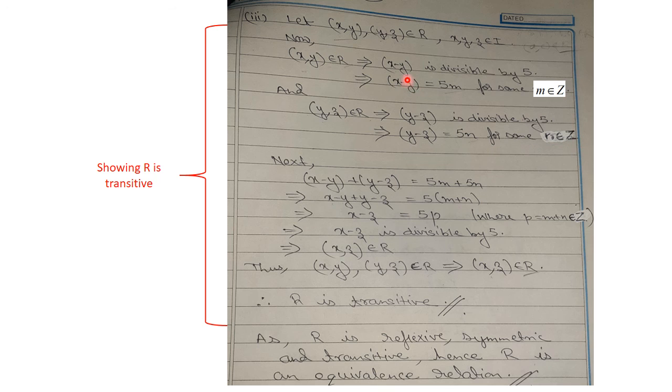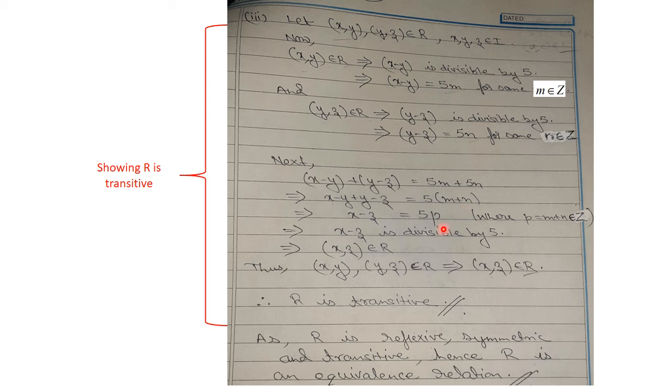Now what we would do is add x minus y equal to 5m and y minus z equal to 5n. Left hand side will be added, right hand side will be added. When you add the left hand side, minus y and plus y get cancelled, so you are left with x minus z, and on this side 5 will come out as common, so you are left with 5 times (m plus n) in bracket.